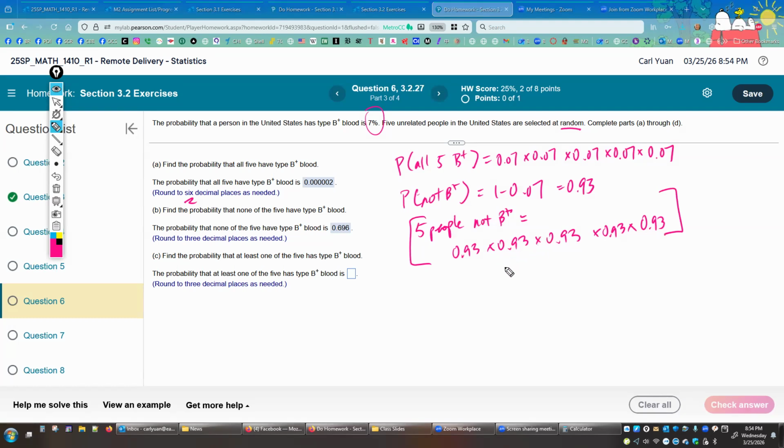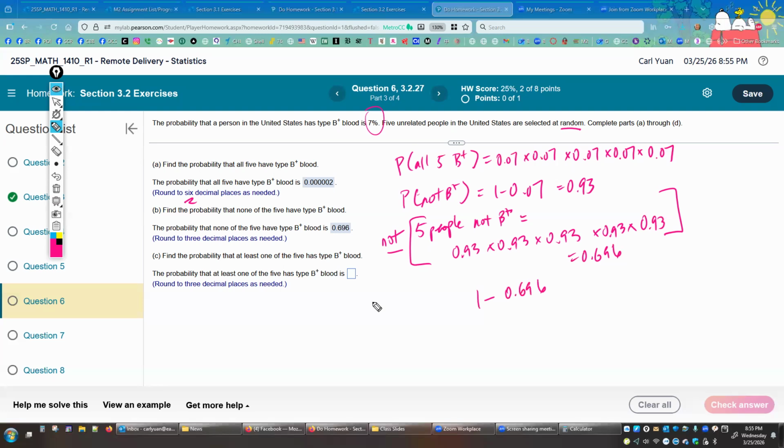But if at least one has it, it would be the not of this. 5 people not having B plus we just calculated, which is 0.696. At least one having it would be the flip side of this. So to calculate this would be 1 minus 0.696.